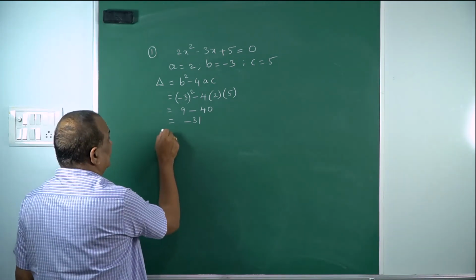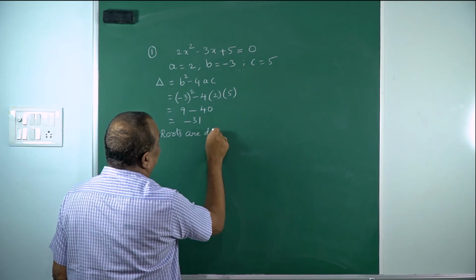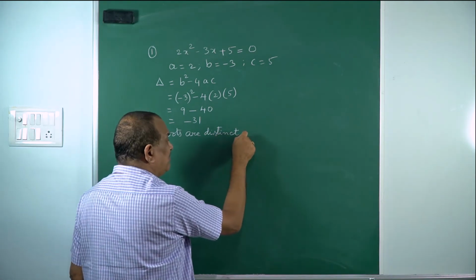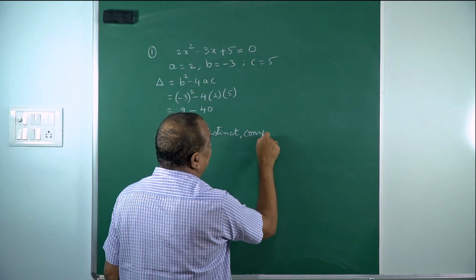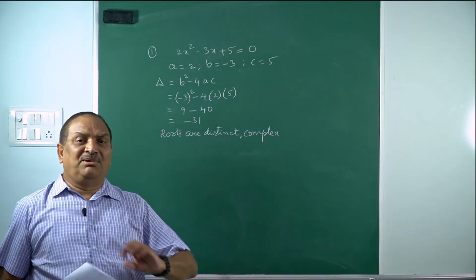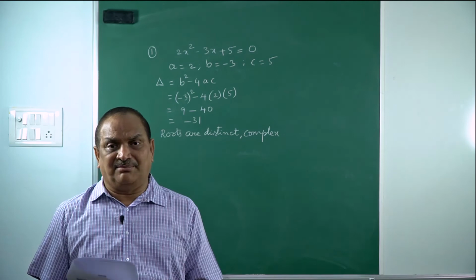So we say roots are distinct, there are two different roots you can get, but remember they are complex in nature. Because any complex number you will study in higher classes has two components, real part and imaginary part.